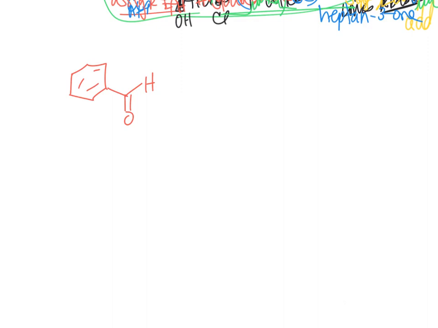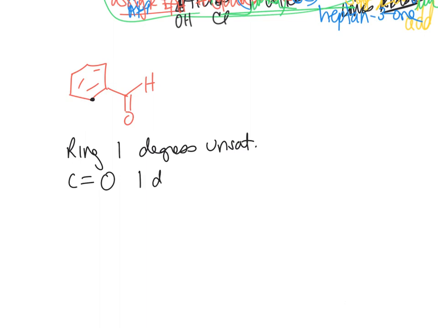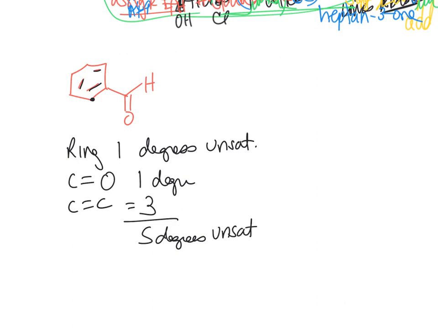Degrees of unsaturation, you can read about in your book. You have a ring, so that's 1 degree of unsaturation. You have a carbon-oxygen double bond, so anytime you have a double bond, that's 1 degree. And then you have carbon-carbon double bonds, and you have 1, 2, 3. So you have 5 degrees of unsaturation in this molecule.